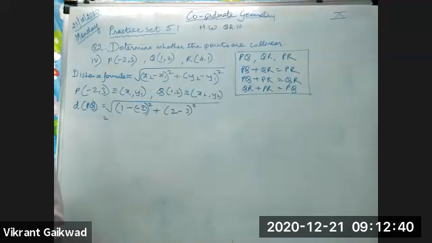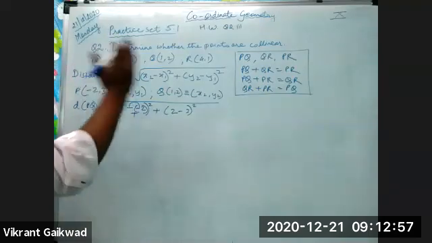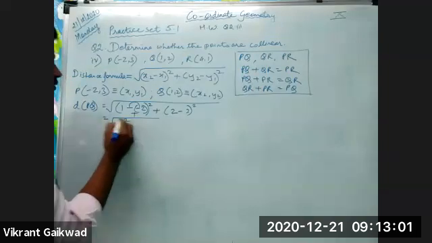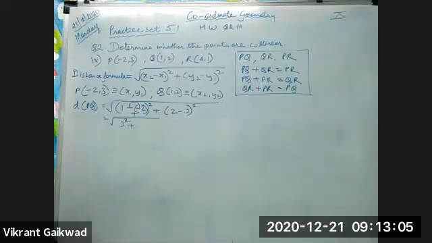So you all can find the values now. Come on, start solving this with me. Keep your notebook with you. See, minus and minus is going to become plus. So 1 plus 2 is 3. So 3 square plus 2 minus 3. 2 minus 3 is what?